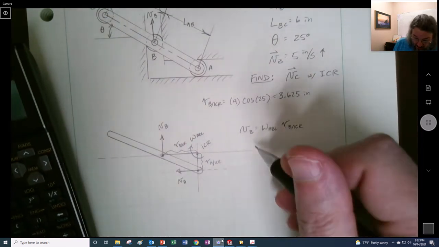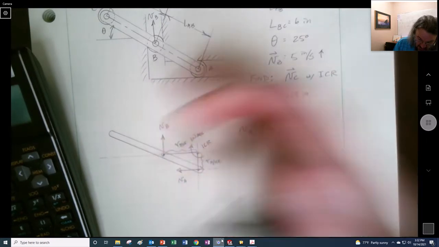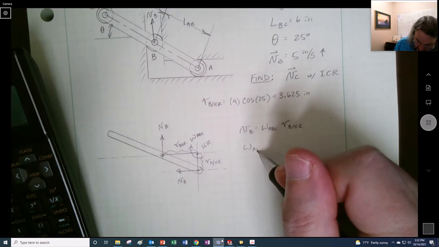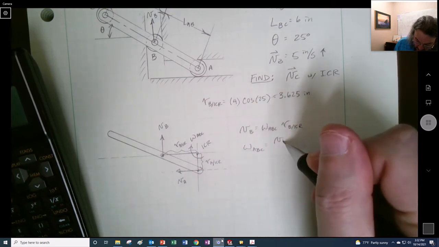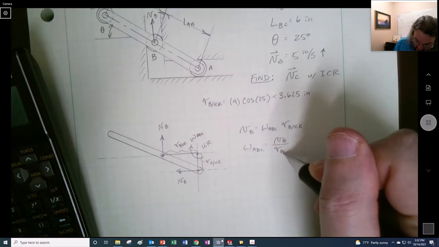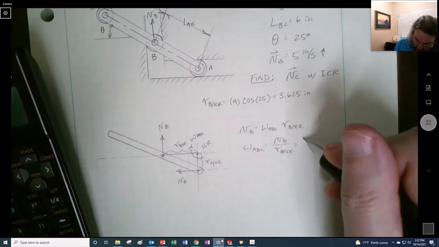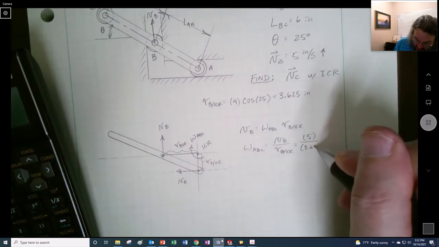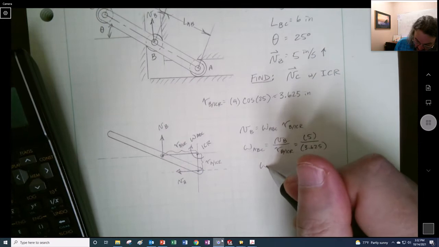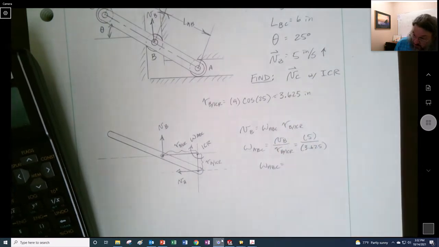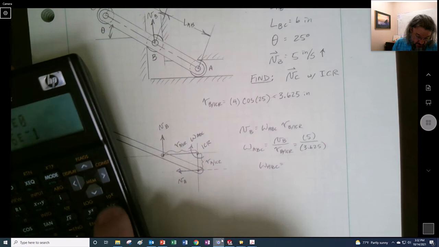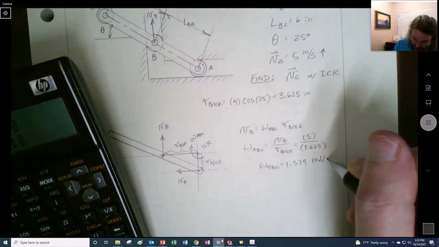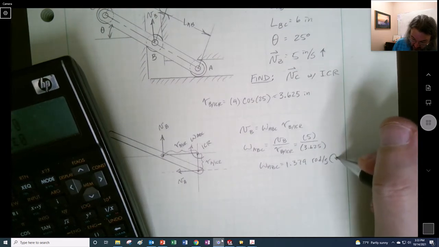If we want to find omega ABC, just solve for it: omega ABC is equal to VB over R of B with respect to ICR. You're going to find it's 5 inches divided by 3.625. So omega ABC is 1.379 radians per second, and it's going clockwise.